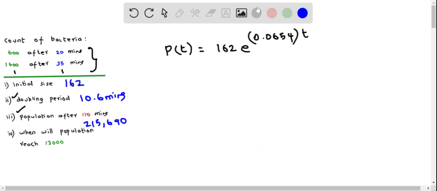We now determine the time it takes for the population to reach 13,000. So here P of t is 13,000, and we should determine the corresponding time when the population is 13,000. So let's use this population model. Replace the P of t by 13,000.